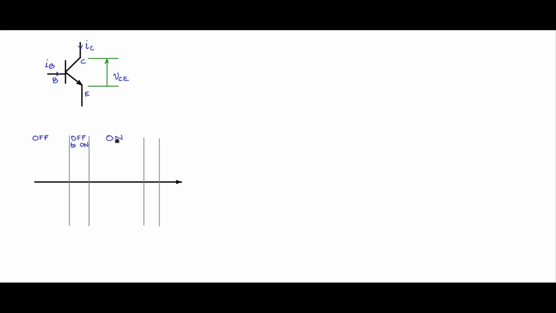Then there is the on state of the BJT. And then there is an on to off or switch off of the BJT. Back to the off state. So the cycle repeats. So this time period is the turn on time period. And this time period is called the turn off time period.